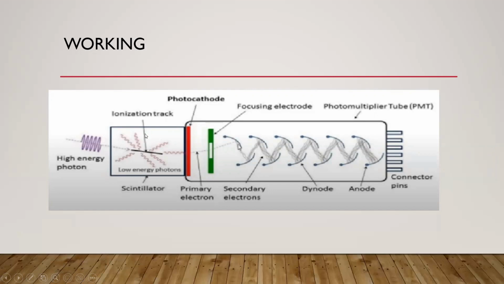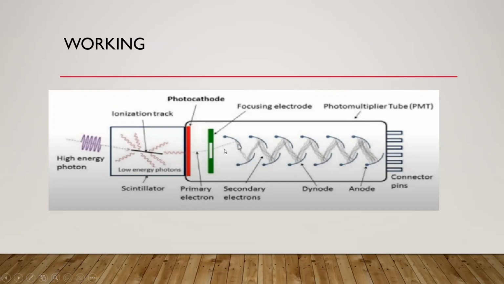And these flashes of light enter into the photocathode. This photocathode, which you see in red color, converts the photon energy into electron energy. So at this point, all the flashes of light which are emitted by the scintillating material are converted into electrons by the photocathode.